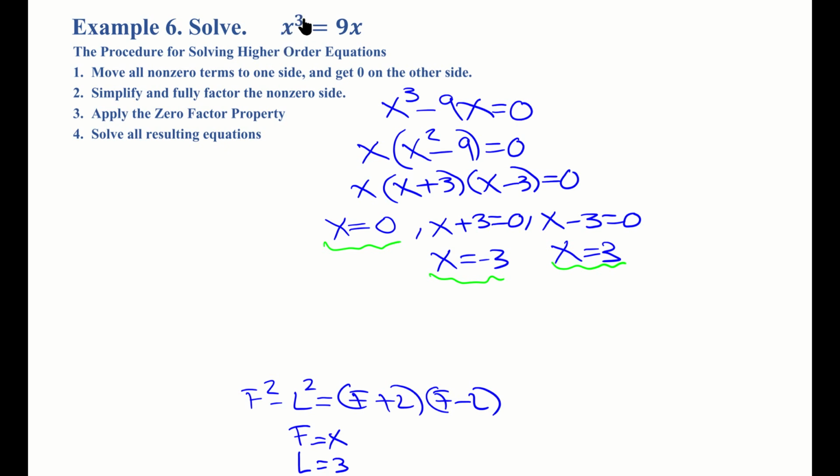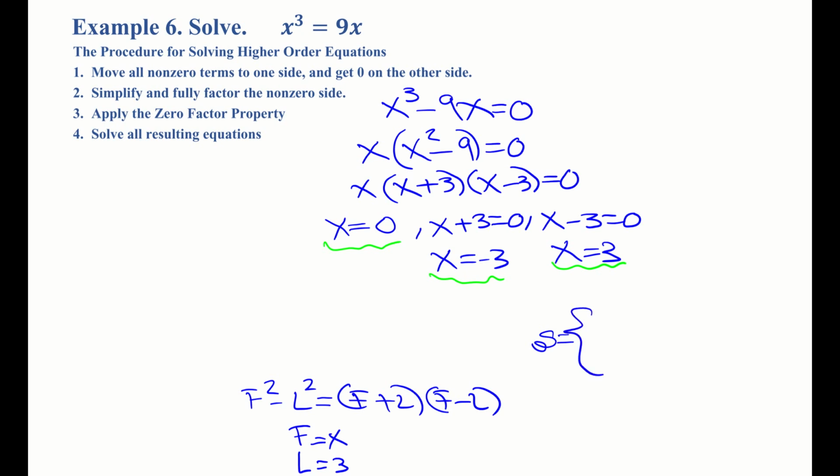The negative is being cubed as well, but you still get negative 27. And on this side, you have 9 times negative 3, which is also negative 27. So you get negative 27 equals negative 27. Plug in 3, and you get 3 cubed is 27. 9 times 3 is 27. So again, it becomes true. So you write your solution set.